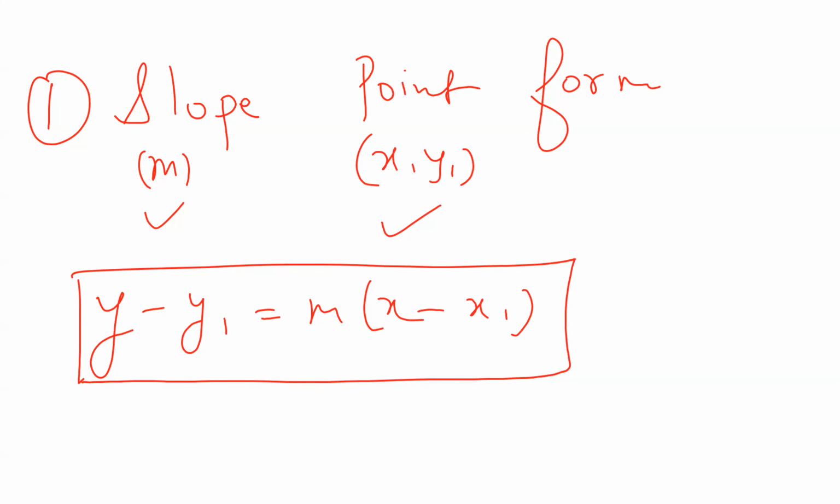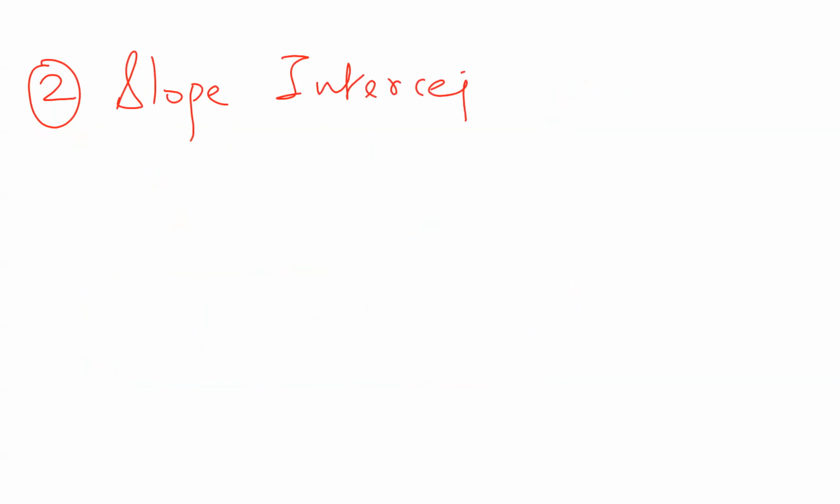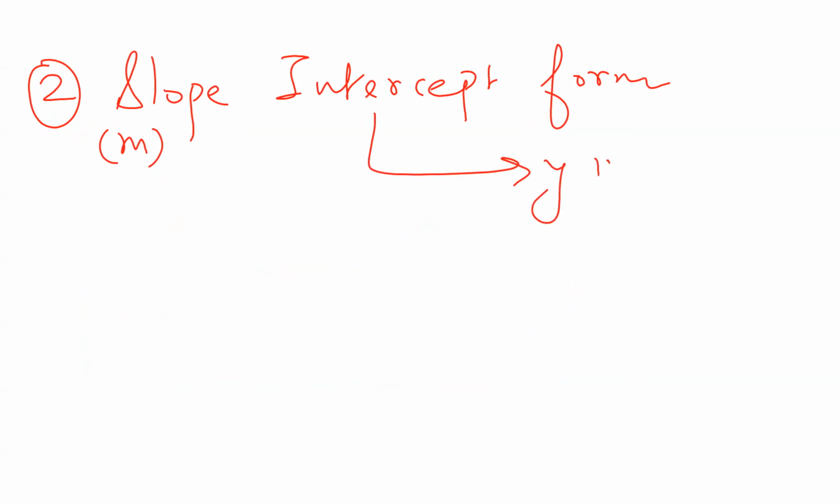The next format, slope intercept form. If we know the slope of the line which we are supposed to find out, and if we know the y-intercept, this intercept means the y-intercept, and in slope intercept form, y-intercept is denoted with c, right?